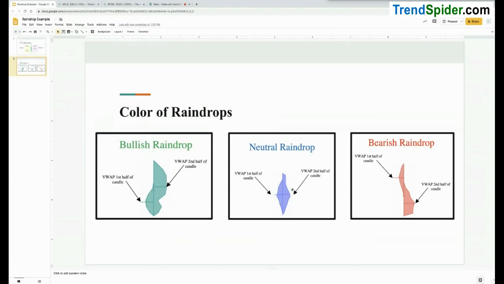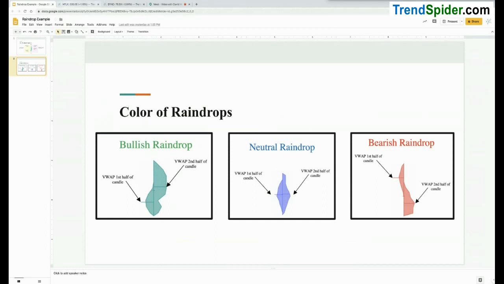But definitely check out the documentation on trendspider.com in our blog. The bearish raindrop is essentially the opposite of the bullish, when the volume-weighted average price for the second half of the period is lower than the first, similar to if the close was down here and the open was here. But in this particular case, the bullish raindrop is really useful around resistance areas.